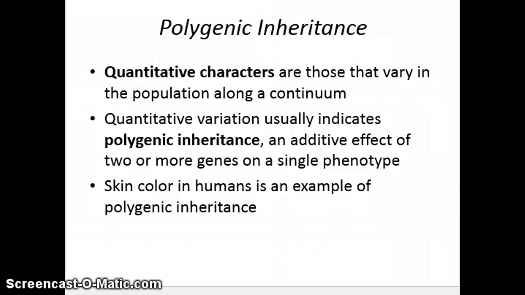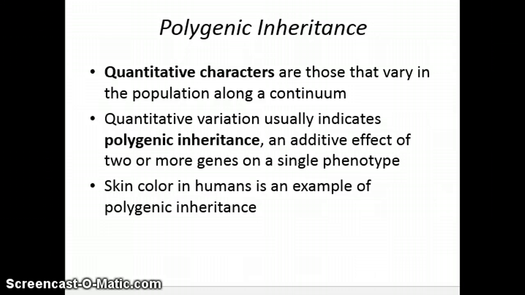Our next set of circumstances where Mendelian genetics really doesn't apply is polygenic inheritance, which means that quantitative characters are those that vary in the population along a continuum. Polygenic inheritance means that we have more than one gene that works together to express the actual character.